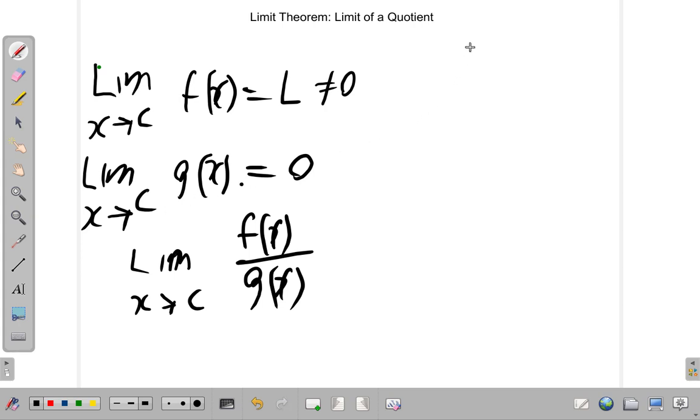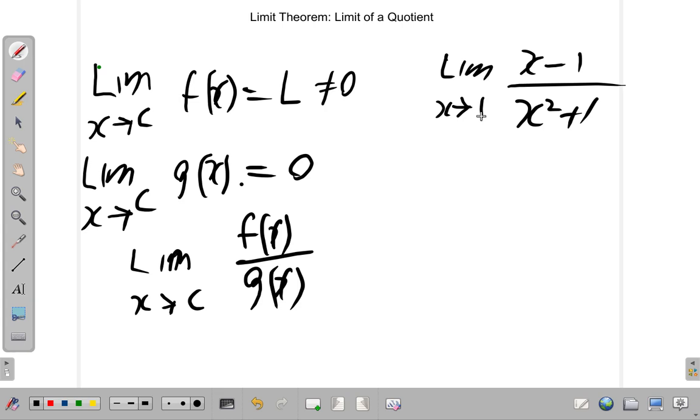Suppose you have the limit of x minus 1 divided by x squared plus 1, and the limit is as x tends towards 1. Let me divide the board. As x goes towards 1, what happens in this case?